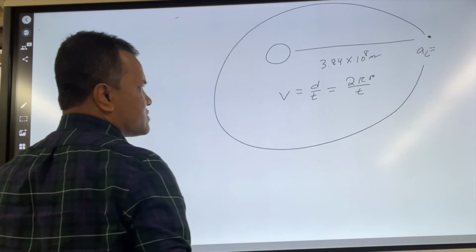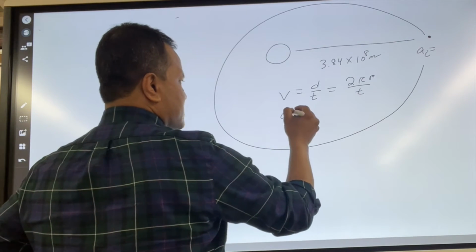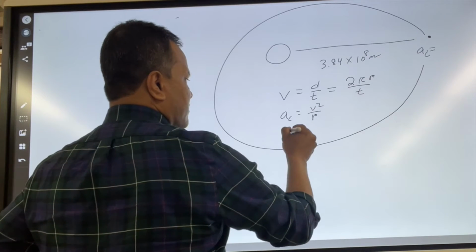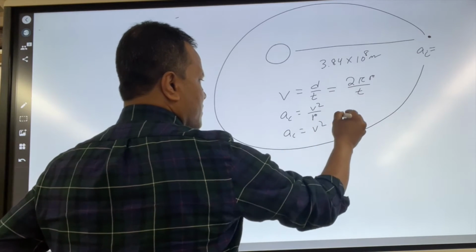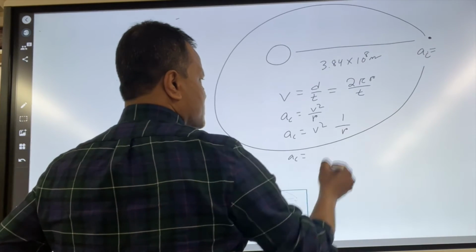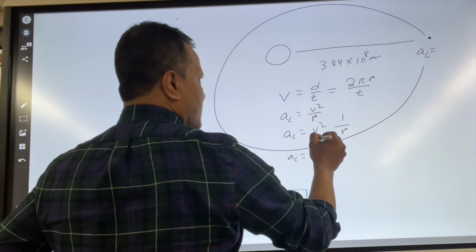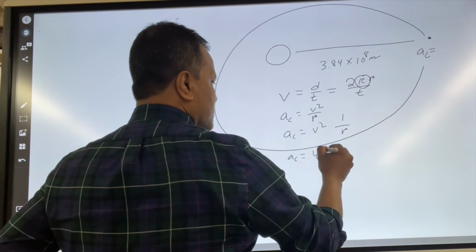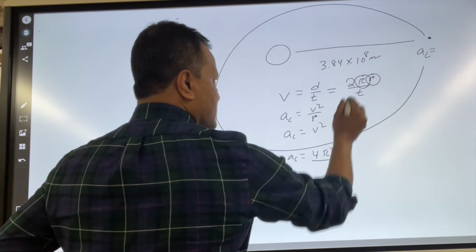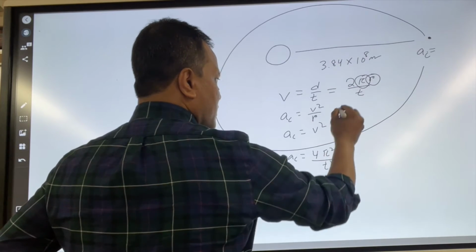Okay. All right. So now what do we also know? Acceleration. That's what we want to find. Acceleration is v squared over r. So we can write v squared times 1 over r. So what is v squared? v squared is 2 squared, this is 4, pi squared, r squared, and t squared. And don't forget 1 over r here.